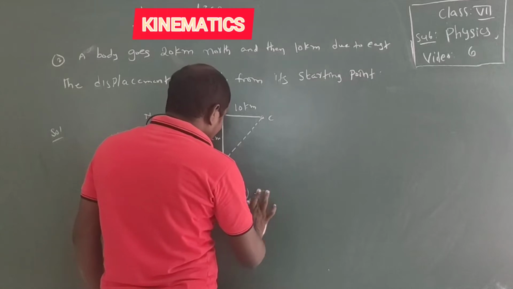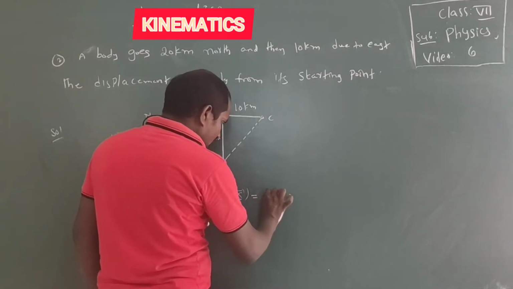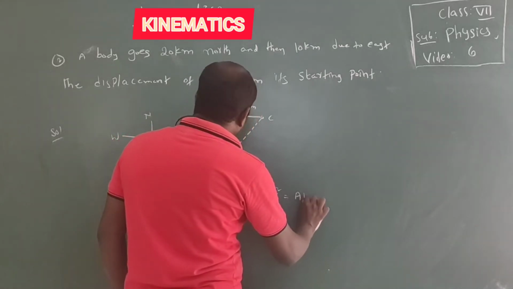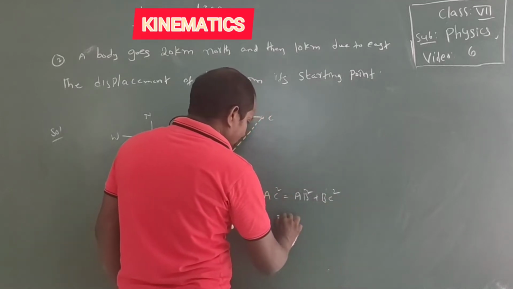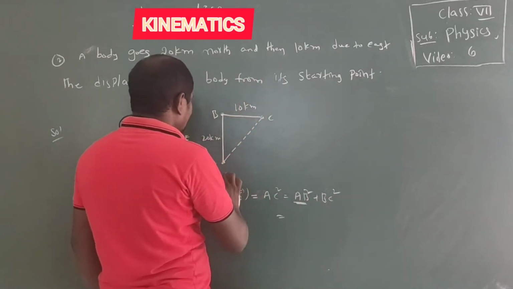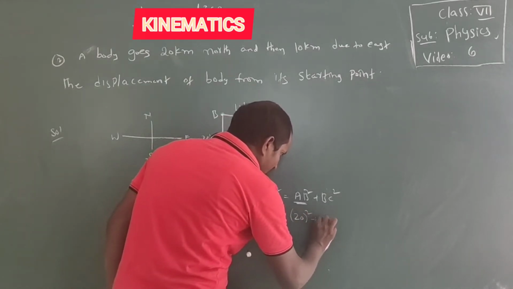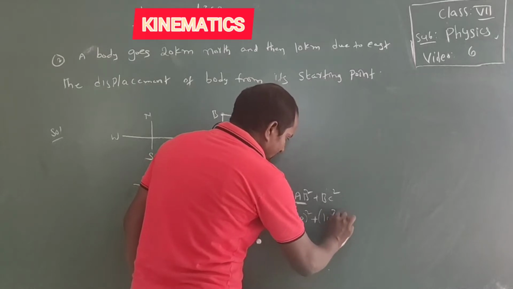So displacement S bar, AC square equals AB square plus BC square. AB equals 20 kilometers, 20 square, plus BC equals 10 kilometers, 10 square.